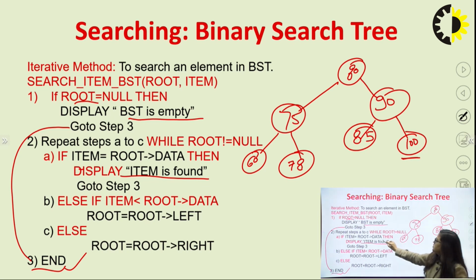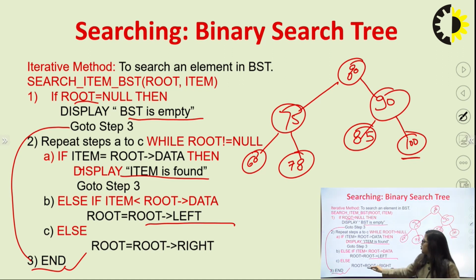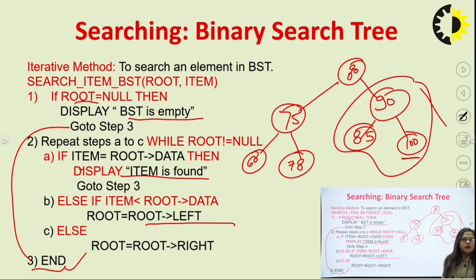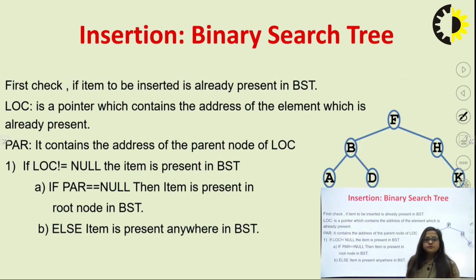Then check, is 100 the main root? No. Then move to left or right. The condition is whether the item is less than the root or greater than the root. If the item is less than the root, move to the left direction; otherwise move to the right direction. Then again apply this algorithm on the subtree, and check one by one. So this is the searching operation algorithm.